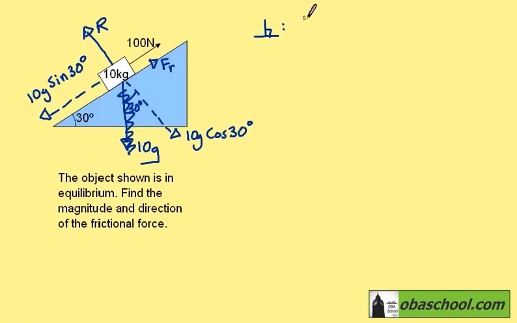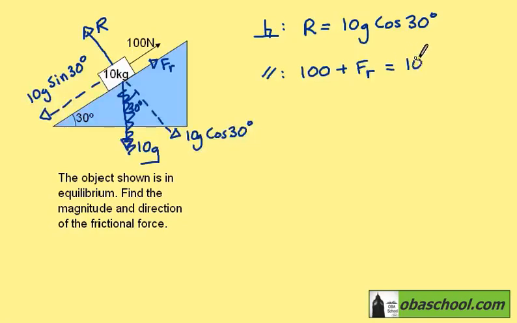And we must have that R is equal to 10G cos 30, since the object is in equilibrium. Looking parallel, we must have 100 plus Fr, the forces acting up the slope, equal to 10G sin 30, the force acting down the slope.